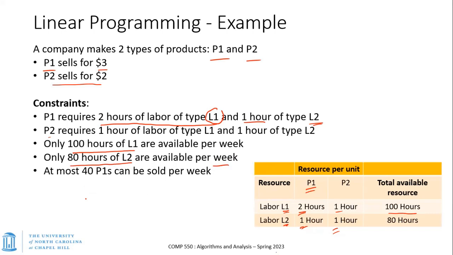Those are 2 real constraints. Another constraint is that we can only sell 40 of P1 products in a week. There isn't a demand for more than 40, so it's pointless making more than 40 P1 products. So the question is, how can you optimize your overall revenue?